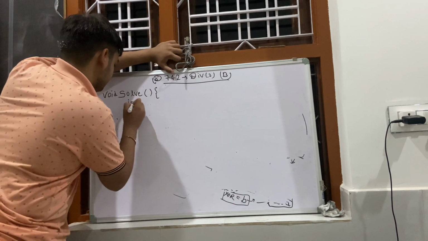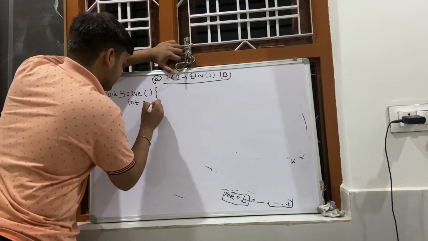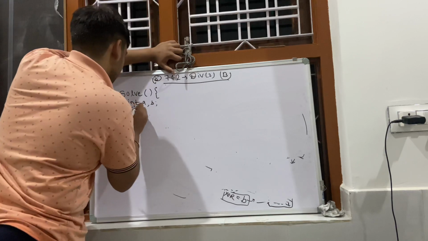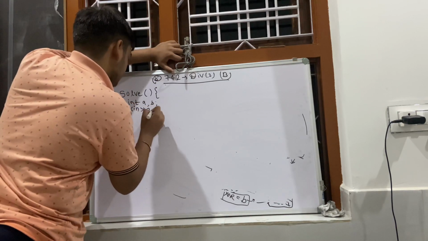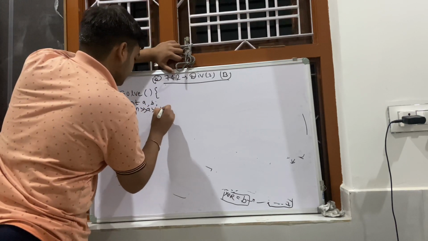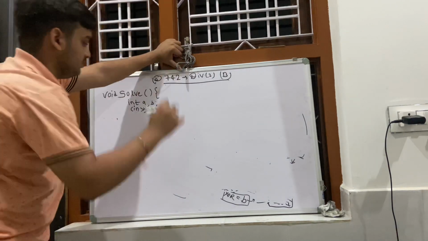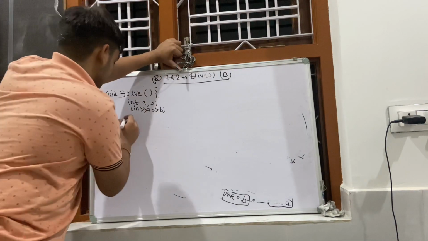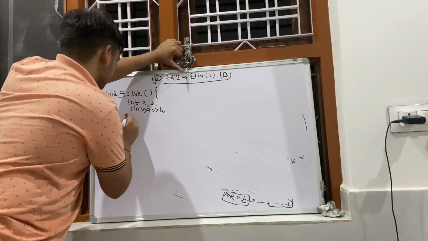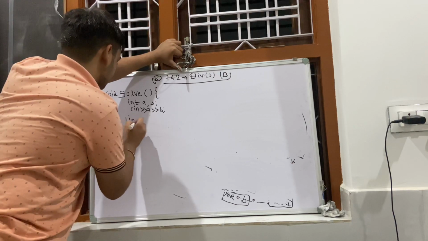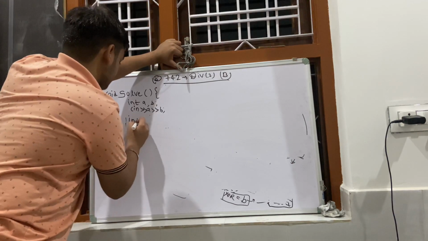I have A and B, so I need to take input as A and B. How can I solve from here? First of all I need to calculate the XOR value of the elements until A minus 1.